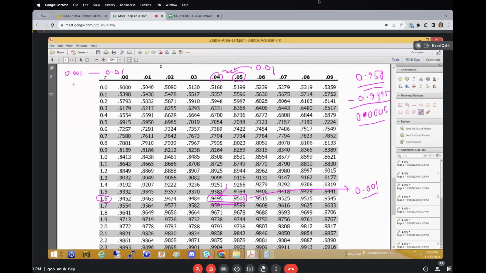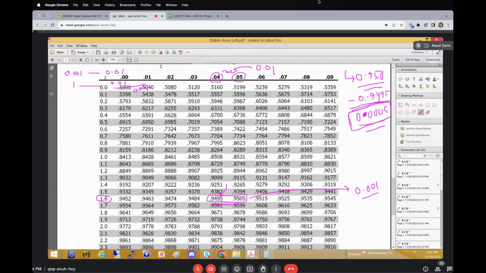Then for this difference, what will be the case? On that case, for difference 1, it will be 0.01 divided by 0.001.